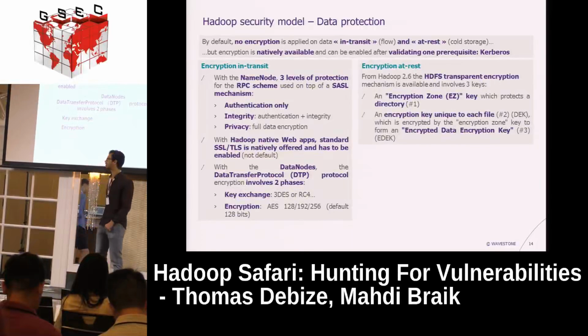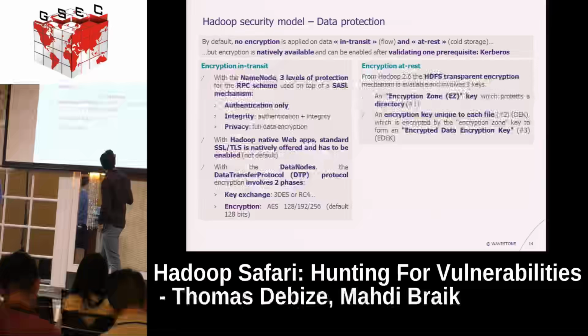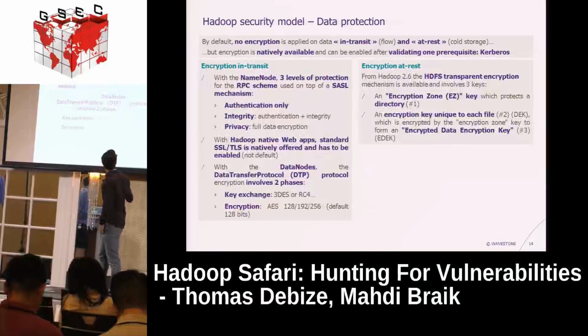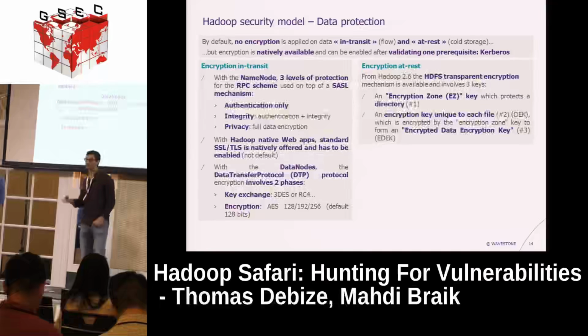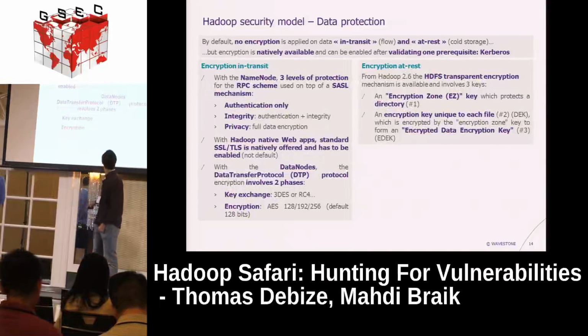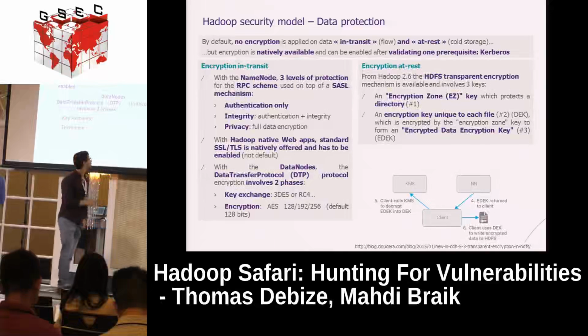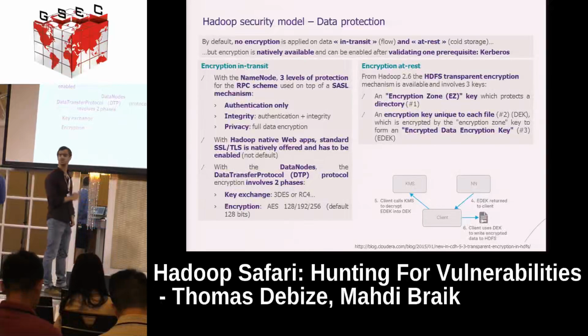Next, you have encryption at rest, so in storage, which uses different types of keys. You have the encryption zone key, which is used to encrypt the directory, and you have another key, which is used to protect the first key. The scheme is this one. You have the KMS, which holds the keys, the clients, and the name node.